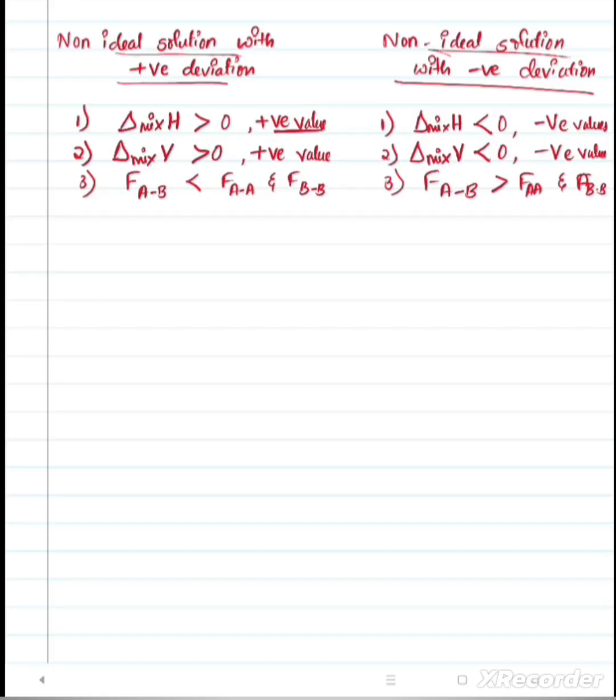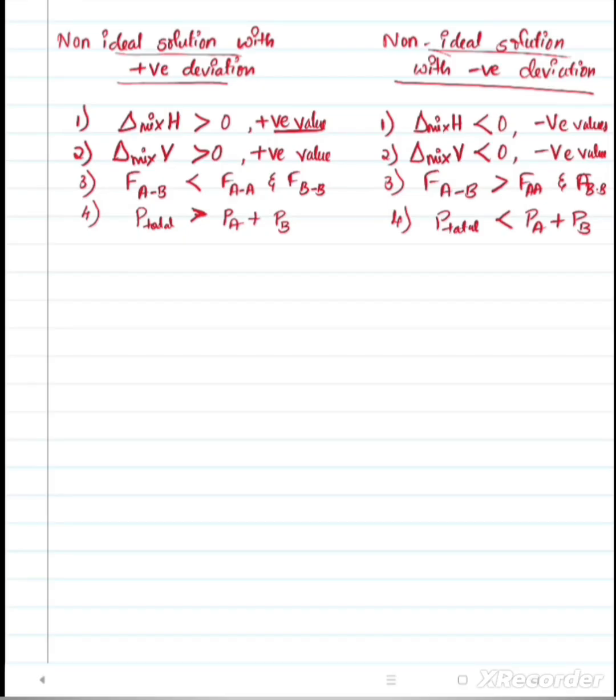Okay, then another one also you can write, that is P total, the total pressure, is not equal, it is greater than partial pressure of A plus partial pressure of B. Here for the fourth one, negative deviation, total pressure is less than partial pressure of A plus partial pressure of B. Okay, this one also you can write.